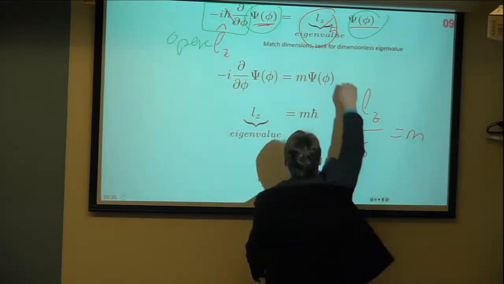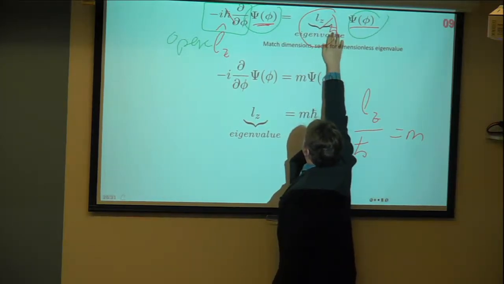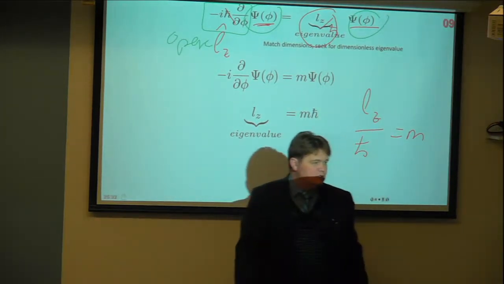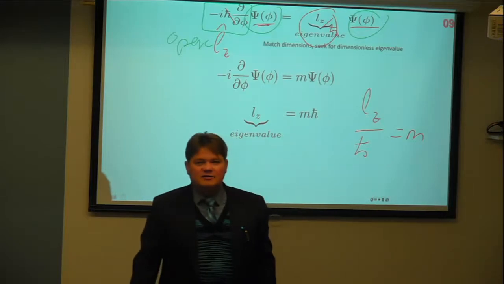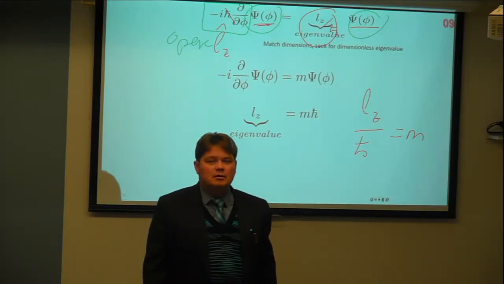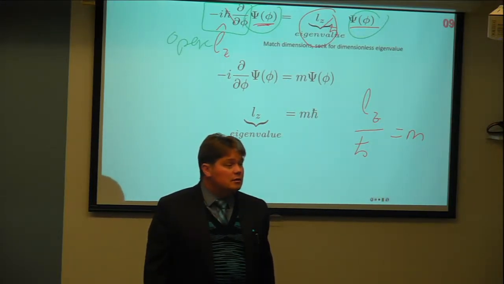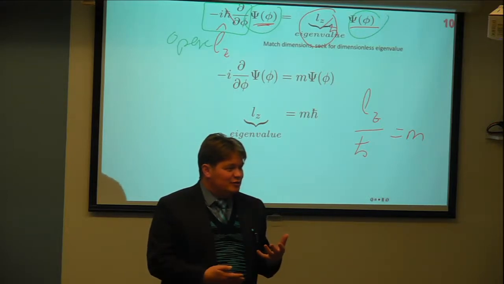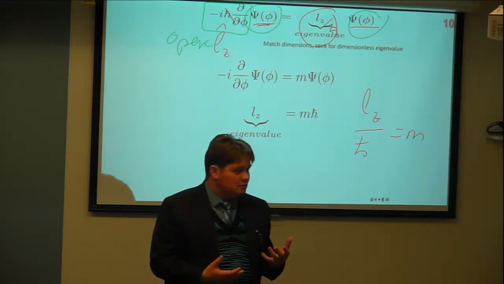So if we divide the eigenvalue by quantum of angular momentum, the eigenvalue will become of which dimension? What will be the dimension of eigenvalue? Angular momentum divided by angular momentum. 1. No dimensions, dimensionless.